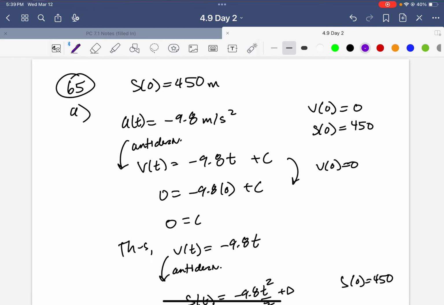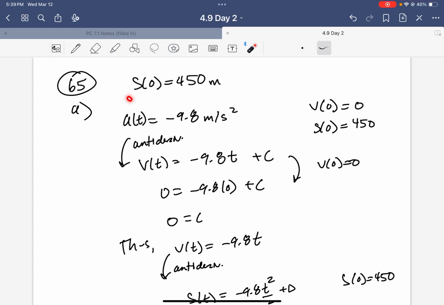When we come over here, if we have something that is 450 meters off the ground, then if we just drop an object, its acceleration due to gravity, this is something I would give you on a high-stakes test. An object neglecting air resistance falls at a rate of negative 9.8 meters per second squared.